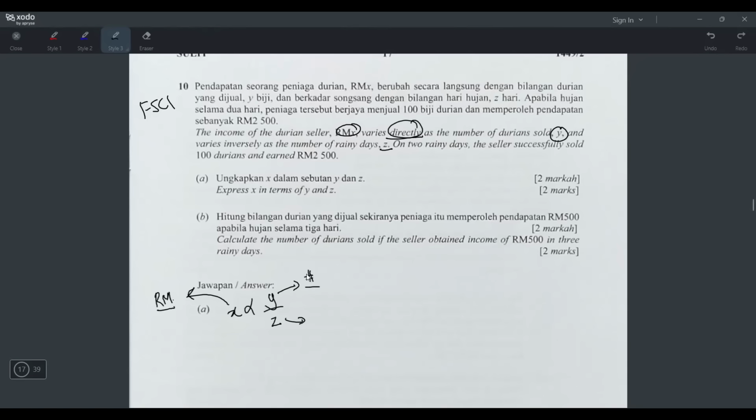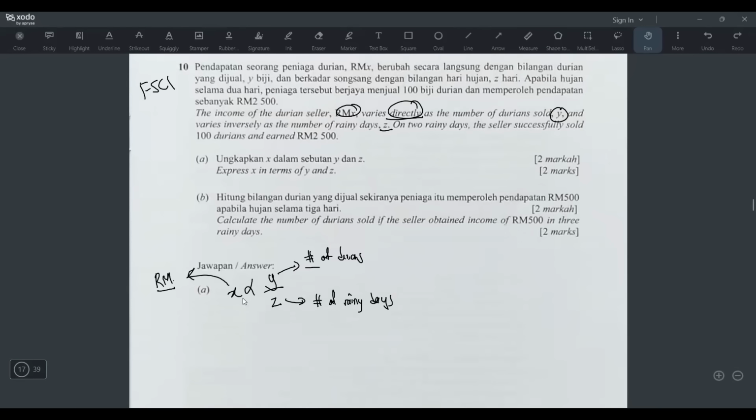And Z is the number of rainy days. Why is it important to write the arrow like that? So that later when we substitute the information, we don't substitute wrongly. Understand? We have to know what the XYZ represents, otherwise we might substitute wrongly.